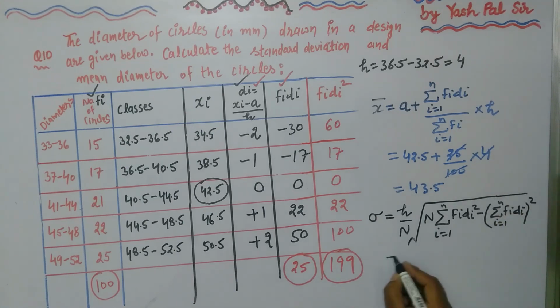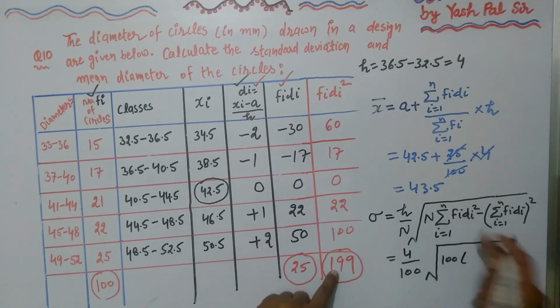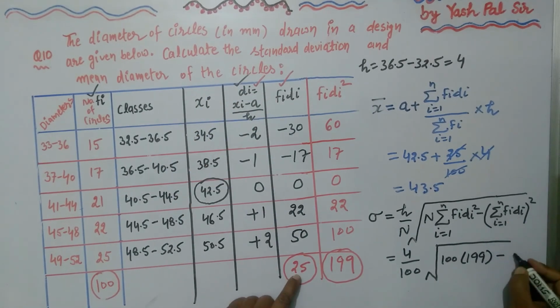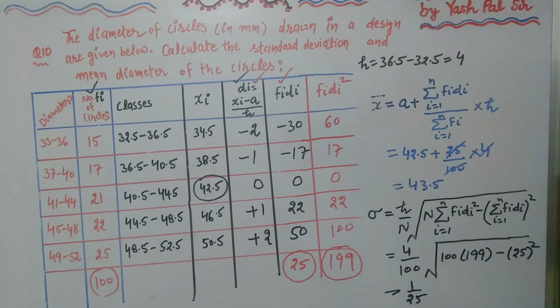So this is equal to h is 4, n is 100, square root of n into fi di square, this is 199, minus fi di, this is 25, its whole square, right? Further, 4 upon 100 becomes 1 upon 25.